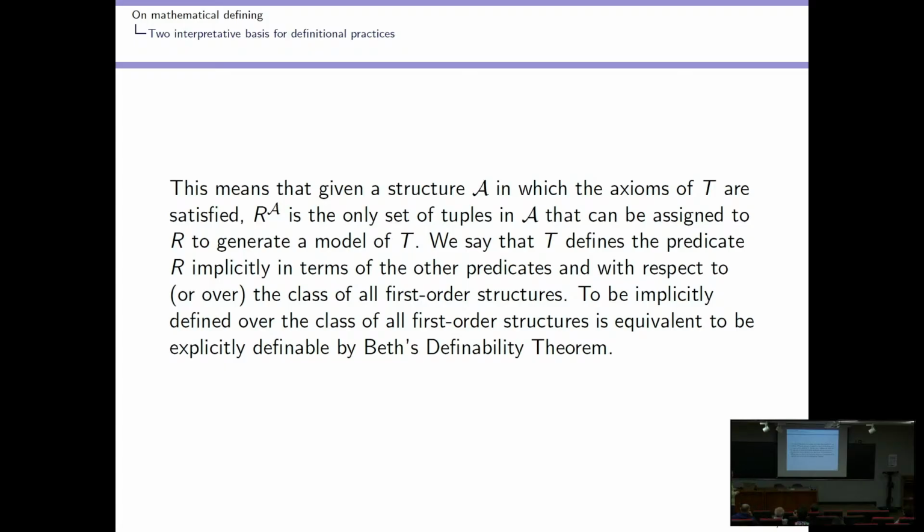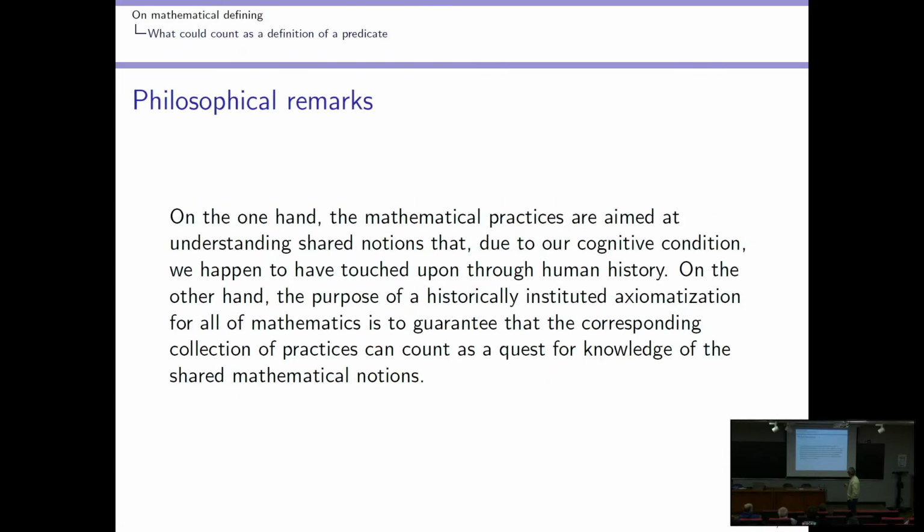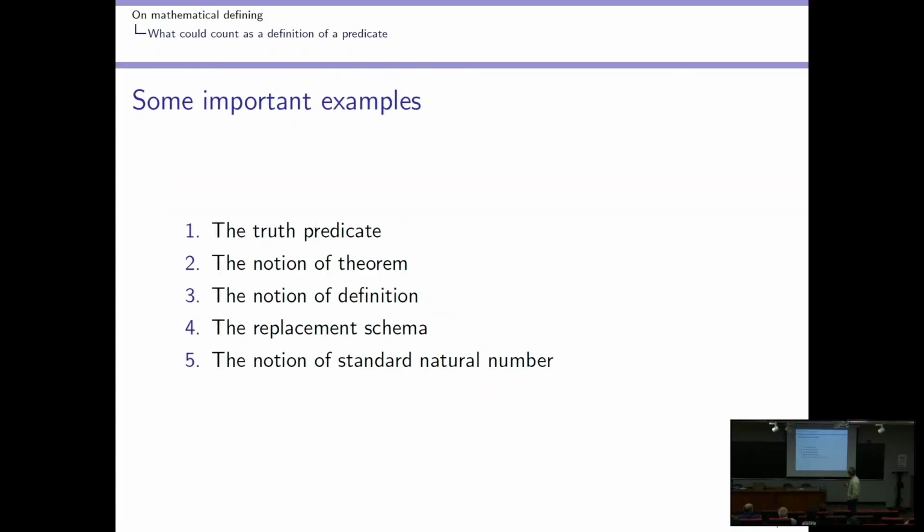And then we have this result that I will try to show in the lectures: to be implicitly defined over the class of all first order structures is equivalent to being explicitly definable by a single first order formula, by Beth's definability theorem. Therefore, in this setting, we have the undefinability of these notions.